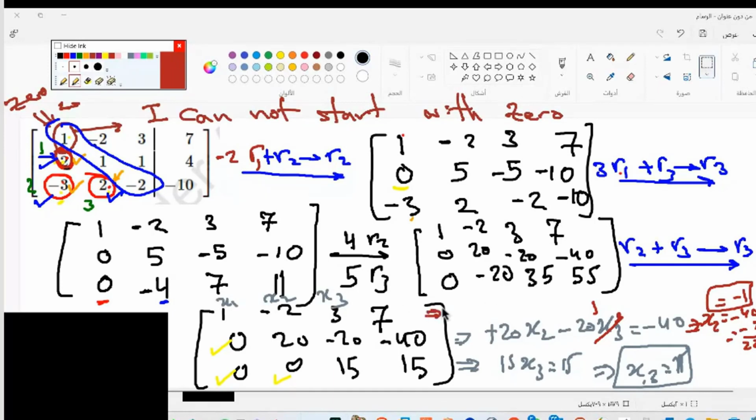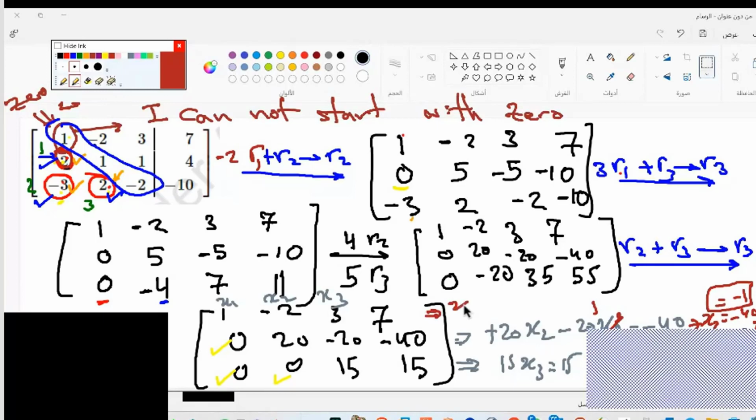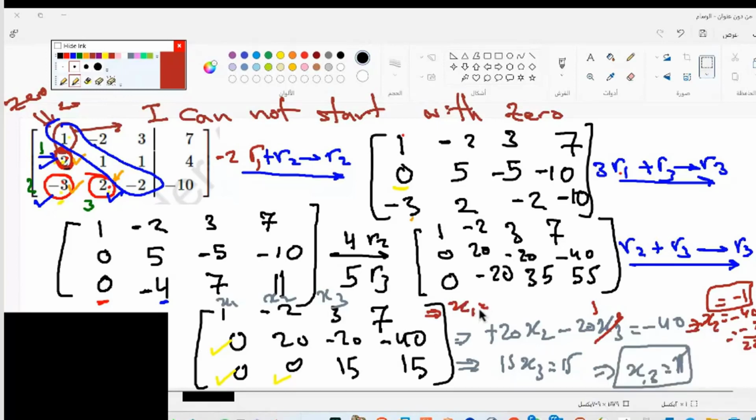Now for the first one, it is x1 minus 2x2 positive 3x3 equals 7. I will use these numbers here. x1 is 7 plus 2x2 minus 3x3.